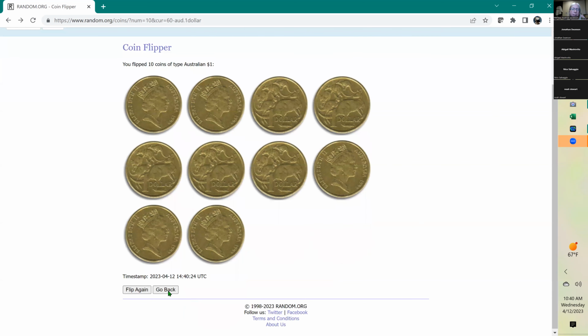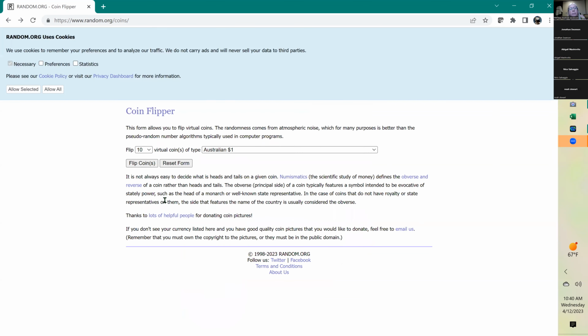We can go back. Instead of 10, try 20. If we flip 20 coins, how many of them should be heads? Anyone? 10? Half of them, because the probability of getting heads is 1/2.